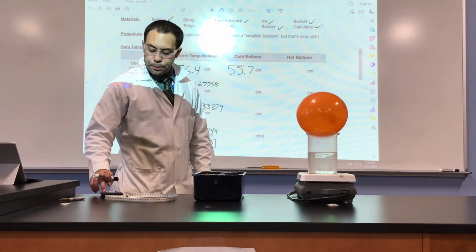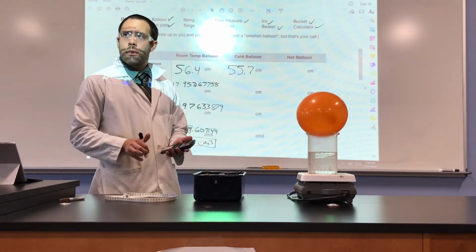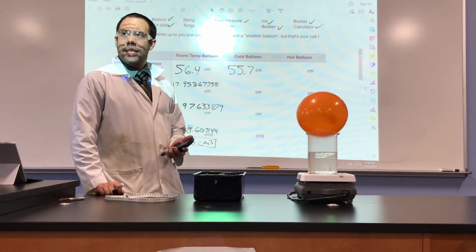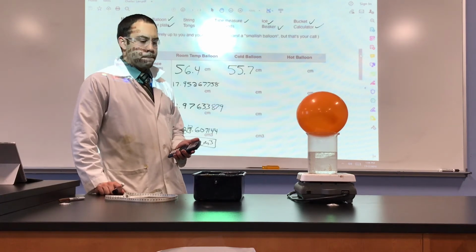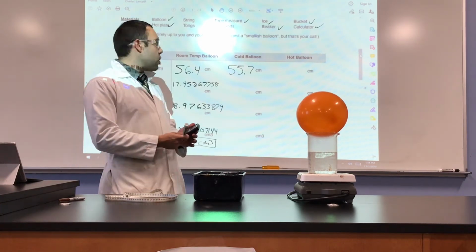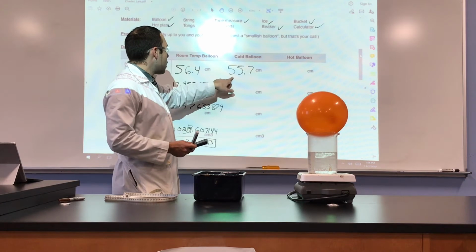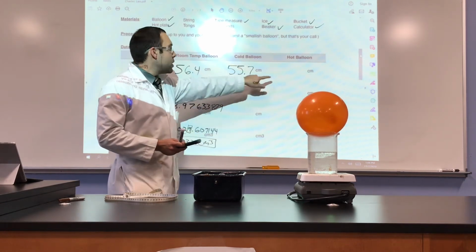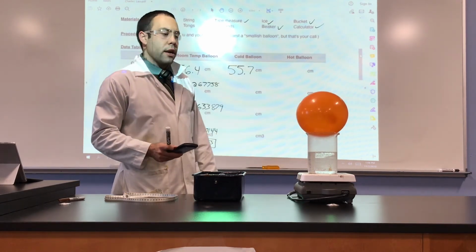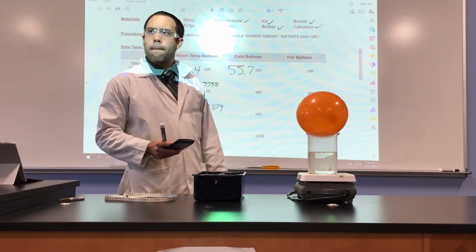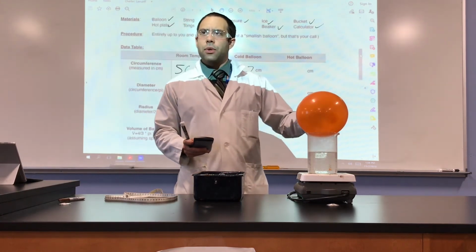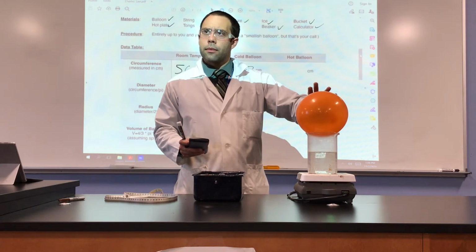If we remember, we'll just do our best. So we're at 10 seconds in already. The cold so far looked like it went down. Now we're going to see what happens when we put the balloon on the hot water bath. 5 seconds, we'll rotate it, and then we'll start doing calculations.